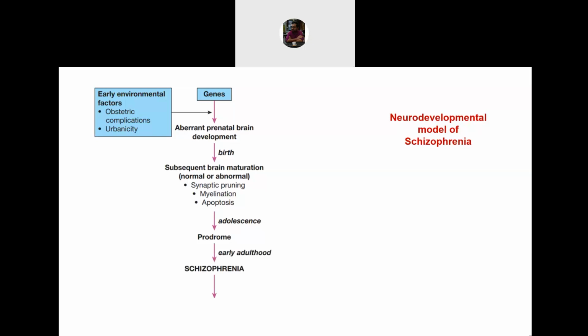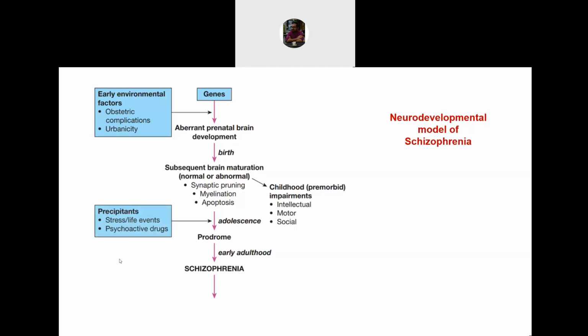This is further potentiated by certain triggers. During childhood, the intellectual, motor, and social skills may be impaired, and as the prodrome leads to early adulthood, the florid symptoms of schizophrenia might develop, the mean age being around 23 to 28 years.